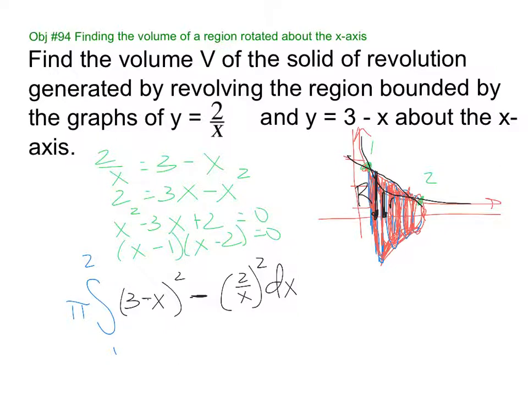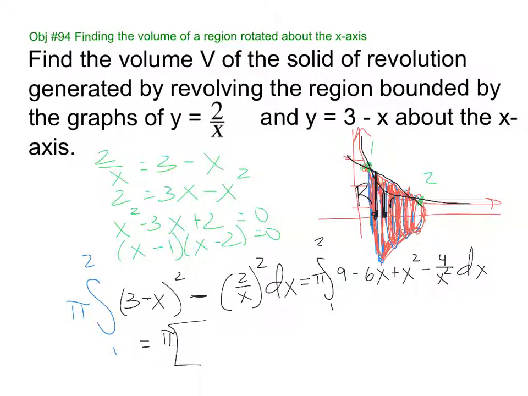All right, so let's simplify this. So you have a choice. You can multiply it all out, however you want to do it to simplify it so you can integrate by hand. So if I want to multiply the 3 minus x squared out, it's 9 minus 6x plus x squared minus 4 over x squared dx. We're going to find the antiderivative. So pi, don't forget the pi.